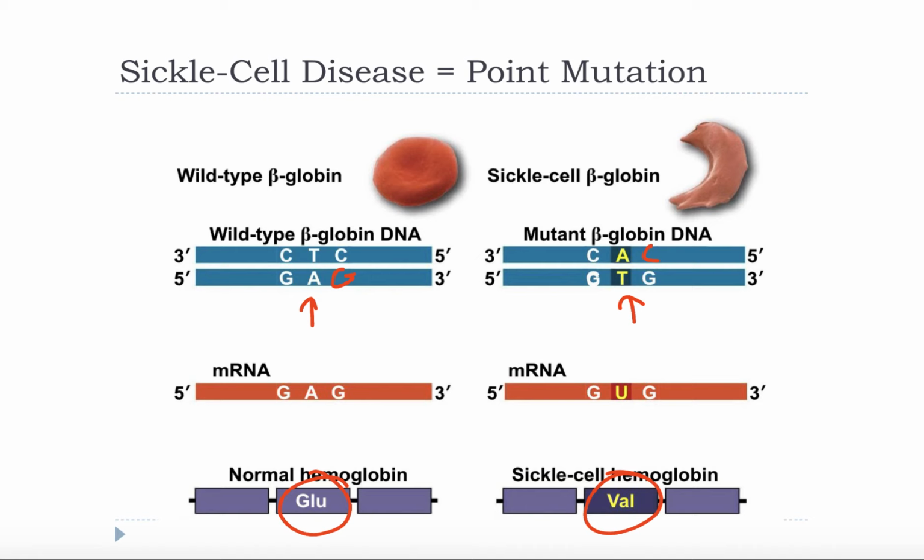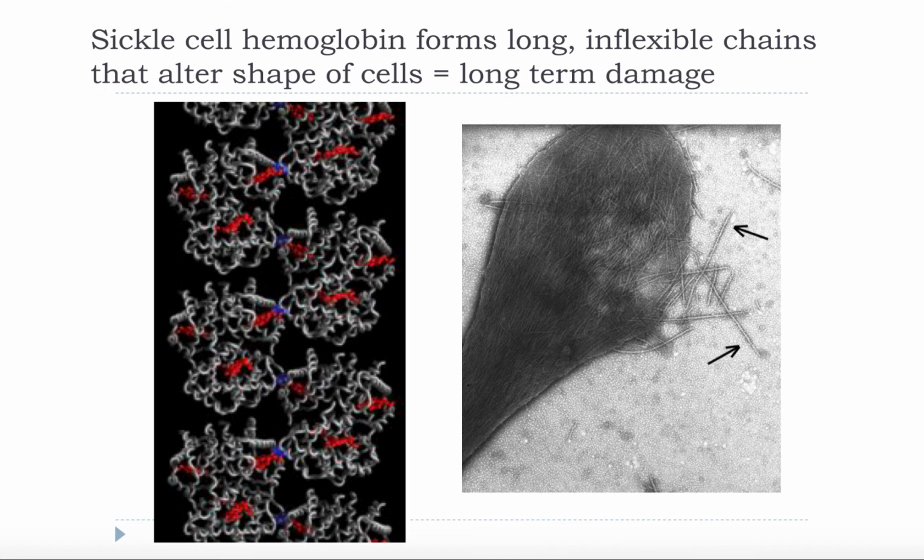It still is able to carry oxygen and keep the cell mainly functioning as a blood cell, but unfortunately it also makes the hemoglobin protein in the red blood cell no longer flexible, and instead it does this really weird chaining reaction that makes it stretch and alter its shape.